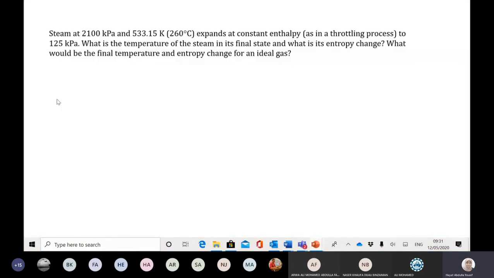Here, I have steam. The steam is at 2,100 kilopascal, so the pressure is given as P1. The temperature is given here as T1. It expands at constant enthalpy. When they say constant enthalpy, you mean delta H is equal to 0. And this is equivalent to what we have with the throttling process. Remember, we said already in the throttling process that delta H is going to be equal to 0 if no heat transfer and no work is done, which is normally the case.